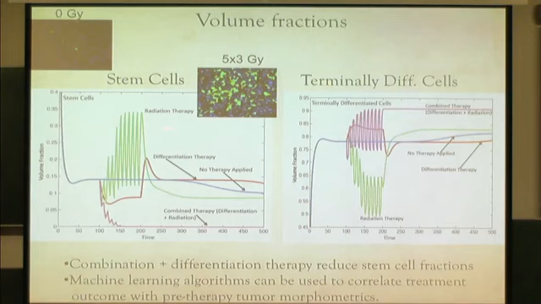And so as soon as you turn off therapy, you have this stem cell rich tumor that then happily grows and regenerates. When you do differentiation therapy, that's the red curve, you drive the stem cell fraction down, as you would expect, but now the system is under this external regulation, so when you turn it off, it comes right back and will recover. But when you combine the therapies, you drive the stem cell fraction all the way down to 0.